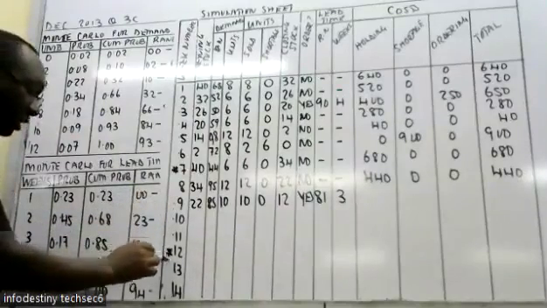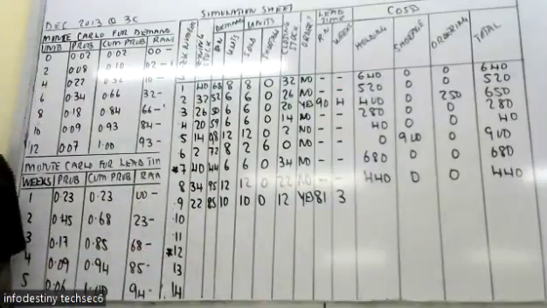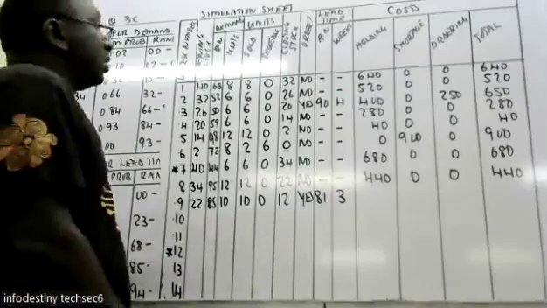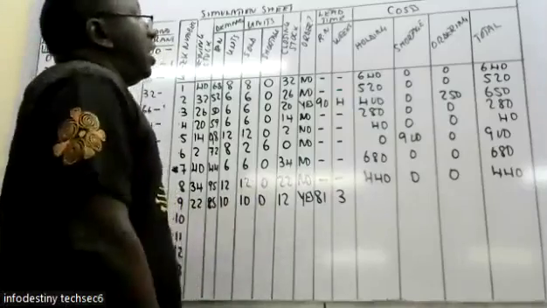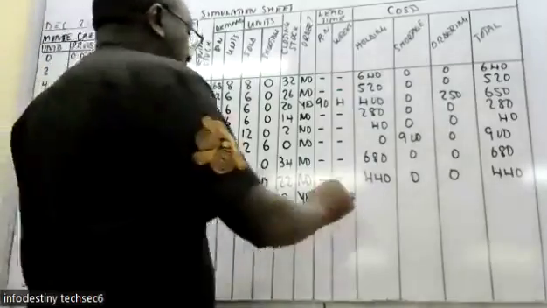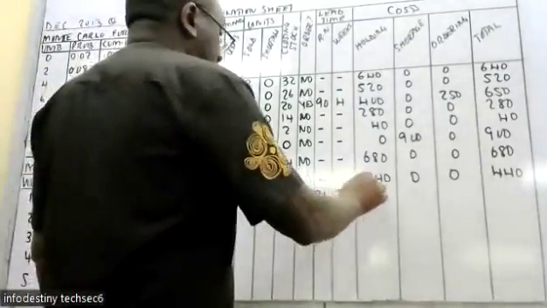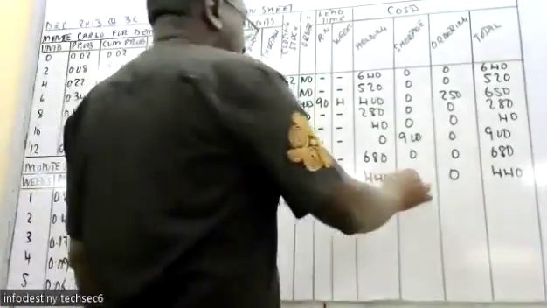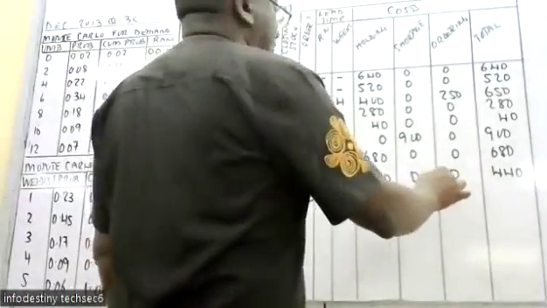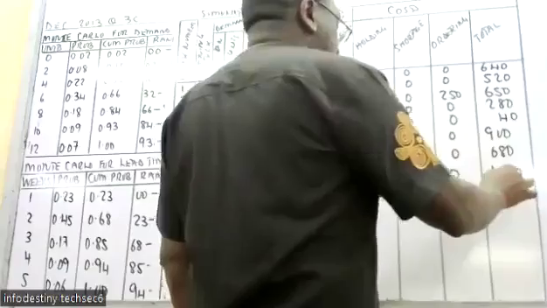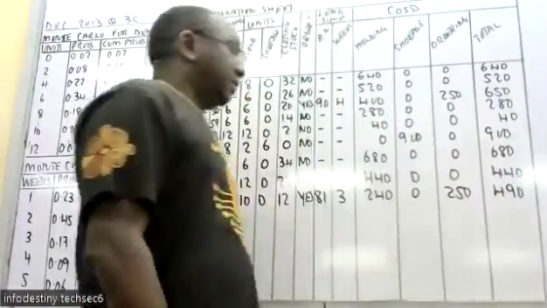So those goods will be received on week 12. So tuendelee meanwhile. 12 times 20, that gives us 240. No shortage. We have placed an order at 250. So that gives us 490.